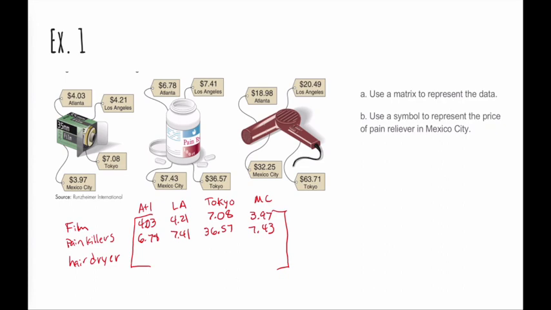And then the hairdryer, 1898, 2049, 6371, and 3225. And so that's a matrix. And then the painkillers in Mexico City, in this case, is the 2nd row and the 4th column.